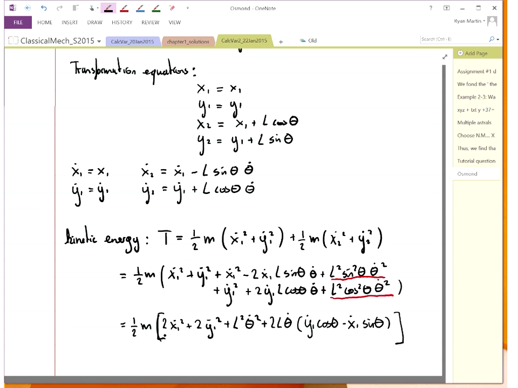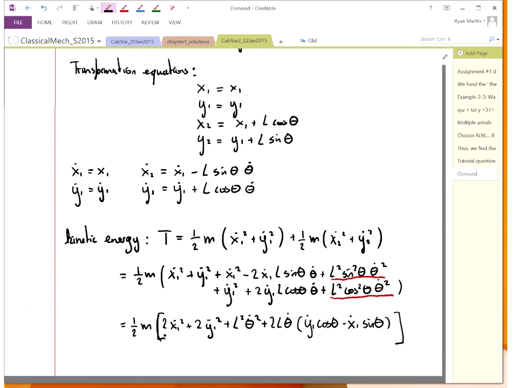And then in part B, I ask you to write out the differential equations of motion. So when I say write out the differential equations of motion, let's say you called one of your generalized coordinates Q. So the equation of motion would be Q dot equals something, or Q double dot equals something.